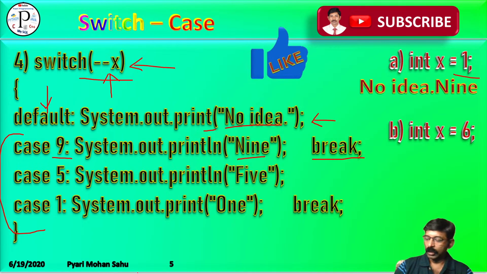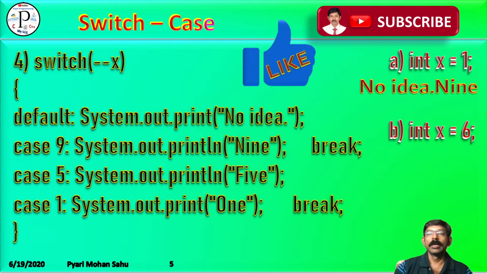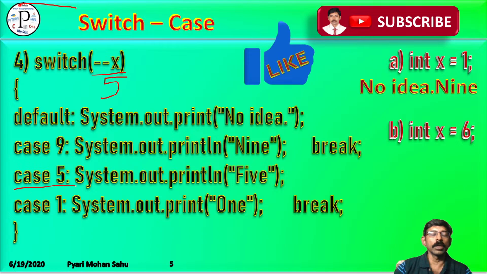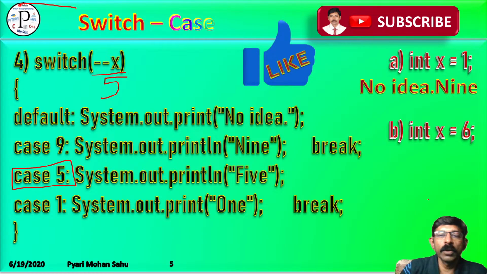It is correct. It cannot display 5 and 1 in the same line. The reason is that the x value is 6, and --x will make it 5. Though it is 5, it is not going to execute the default; it will execute the case where it is matching, and it is going to display 5 over here.